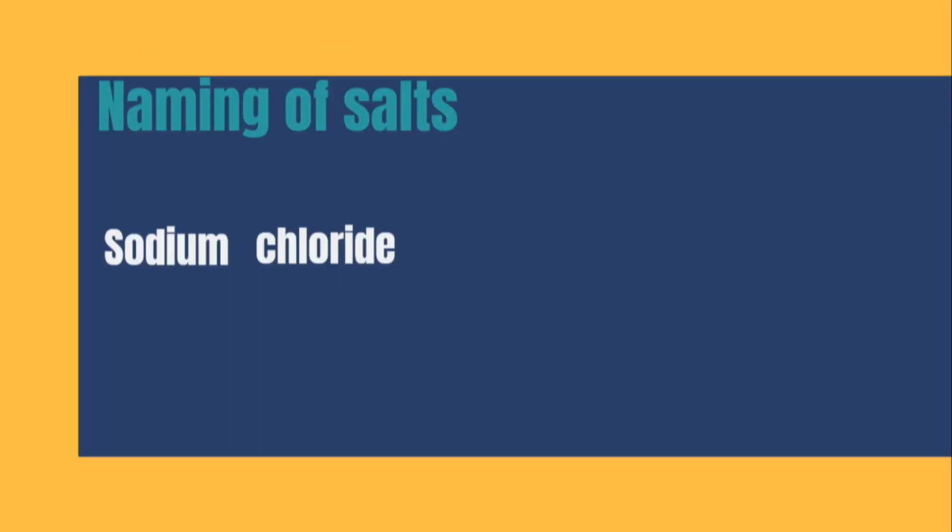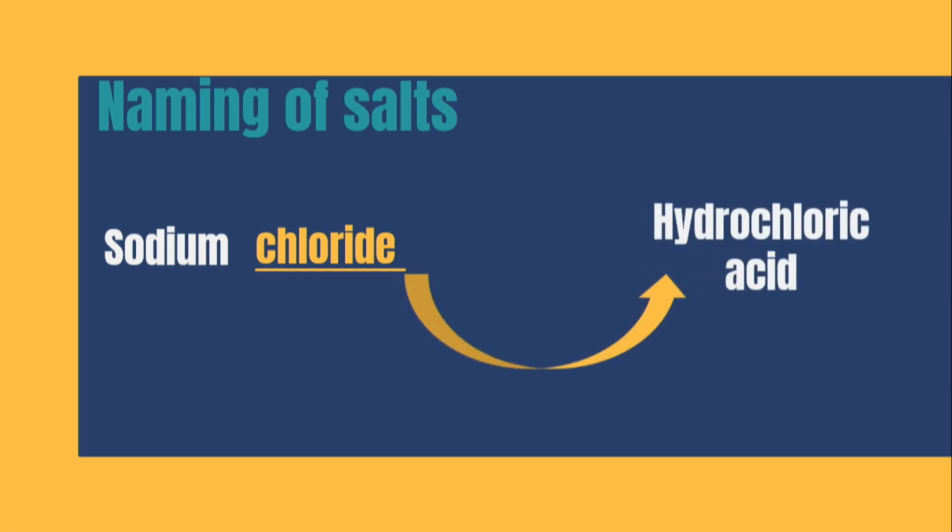Now, let's have a look at how salts are named from the different acids. For example, sodium chloride. The word chloride shows that sodium chloride can be derived from hydrochloric acid.